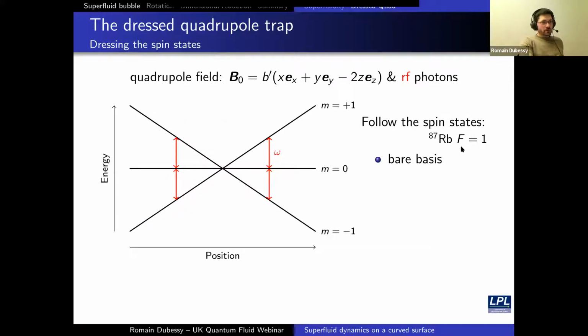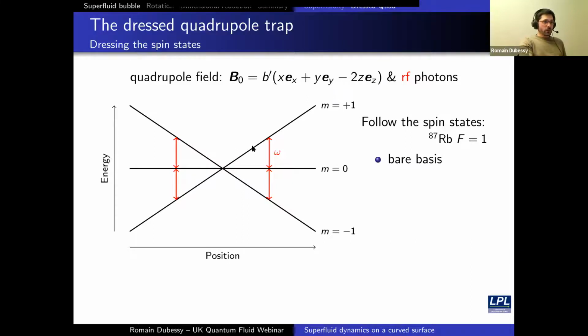If you take an atom, in our case it's rubidium-87, in its electronic ground state, with total spin F equal to 1, and you put this atom in an inhomogeneous magnetic field, you will have several states that have different energies due to the Zeeman effect.